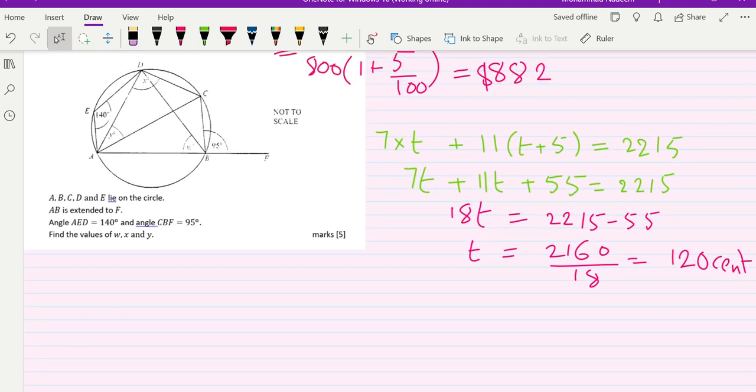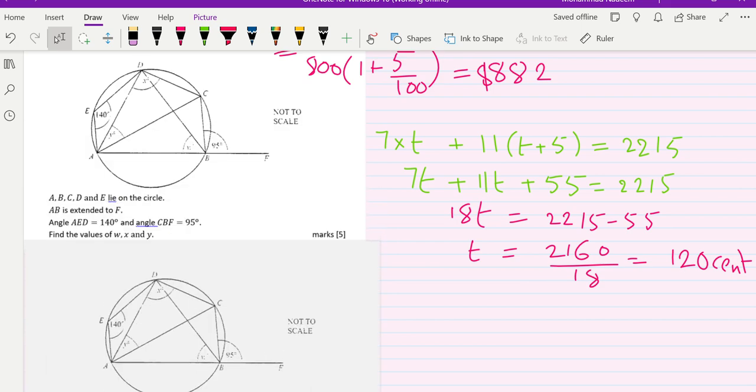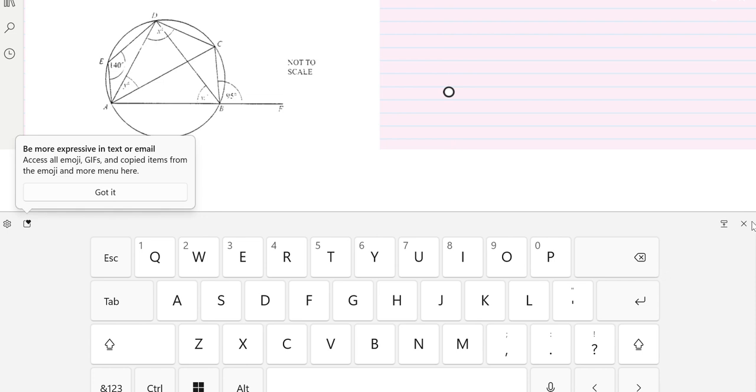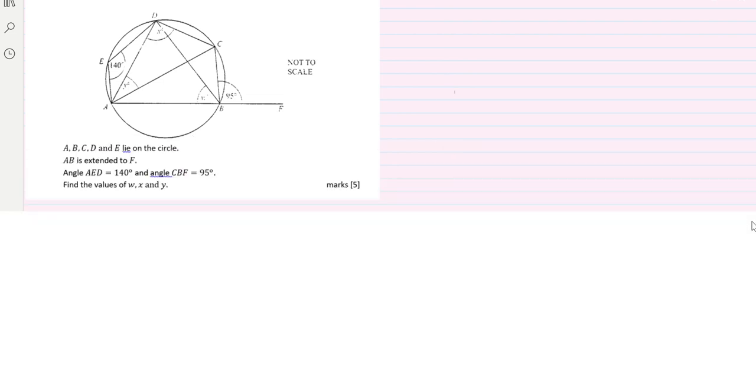Now let's come to the last question. It is related to circle properties. A, B, C, D, and E lie on a circle. AB is extended to F. Angle AED is 140 and angle CBF is 95.